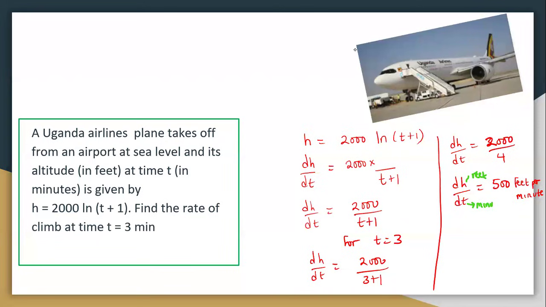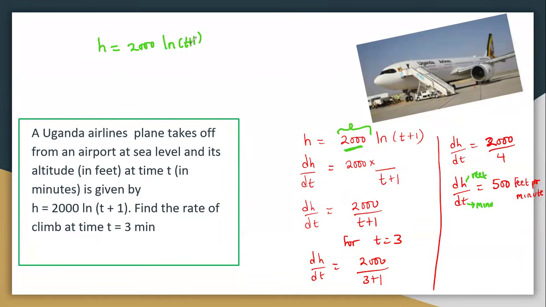Yes, Baswali? Teacher, on this, can't we differentiate the 2000? Remember, there, 2000 is a constant, so it is not affected at all. Or you go back to the first principles we looked at when differentiating this.